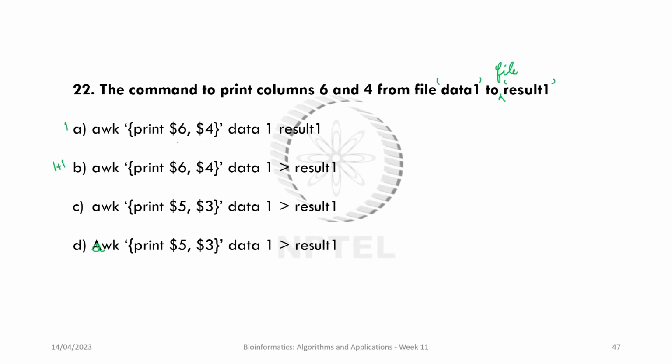As far as printing columns 6 and 4 goes, both options are right. But you want to print columns from one file to another file. You're writing into a separate file. So which operator should be used?